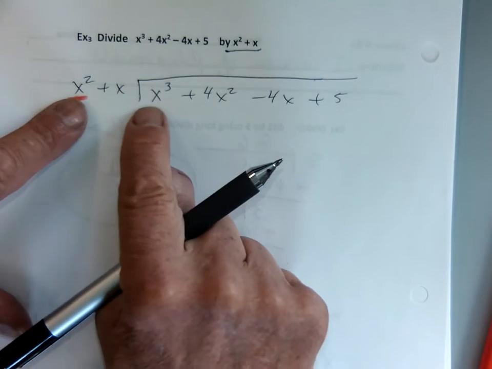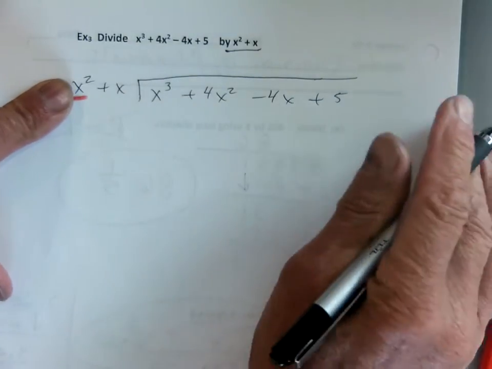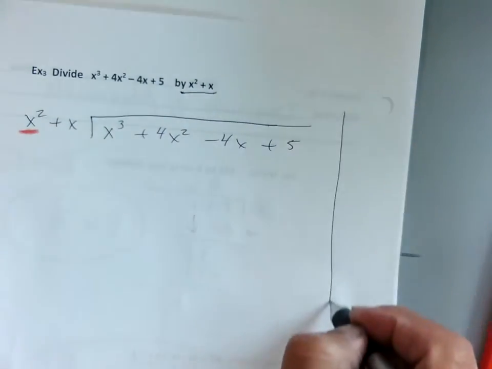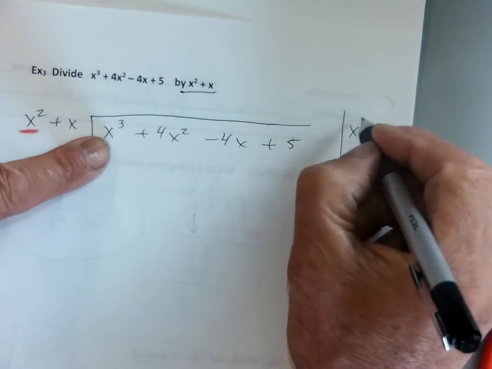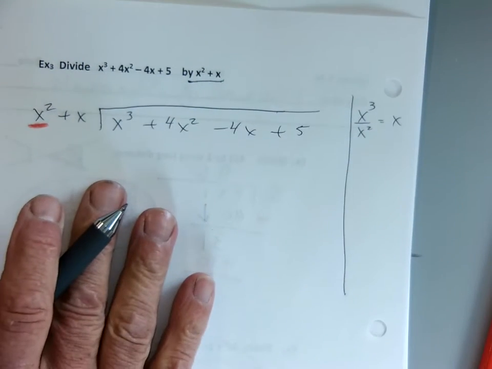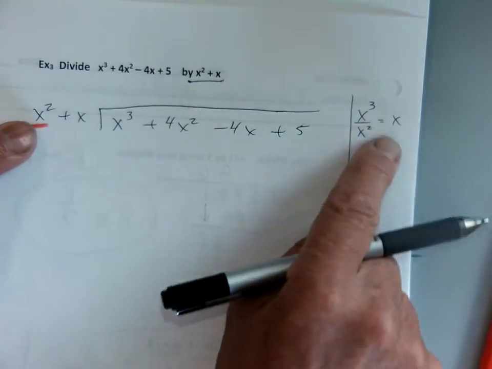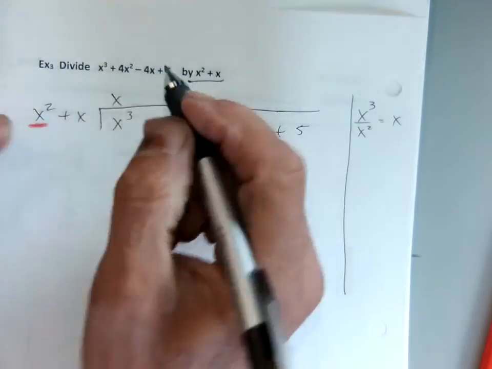So x squared goes into x cubed. Well, if you're not sure, this goes into this. That's why I like my side division. So my little side division, if I said x cubed divided by x squared, hopefully you can see that's x. That's my side division, okay? So if you're not sure, x squared does go into x cubed, x times.